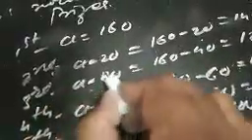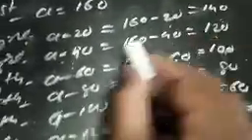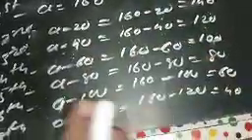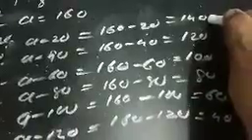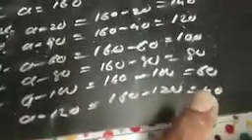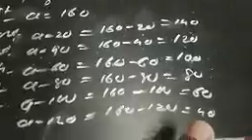Then the third a minus 40 is equal to 160 minus 40 is equal to 120. Like that we get the 7 prizes: 160, 140, 120, 100, 80, 60 and 40 are the values of the 7 prizes. So question 16 is over.